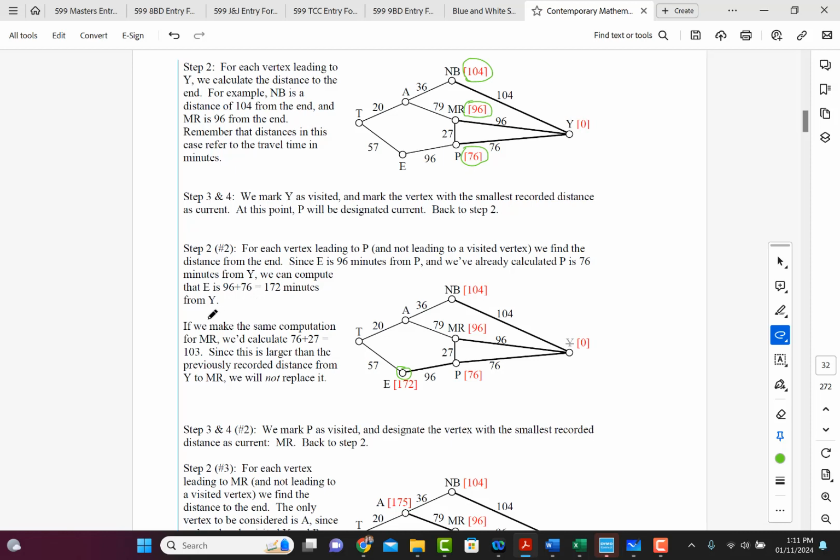Now, if we make the same computation with MR, we'd calculate 76 plus 27. That gives us 103.